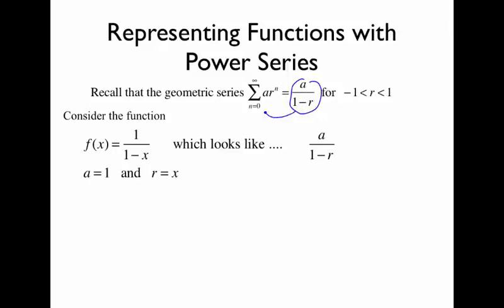This equals this. And now we have this with a specific value of a and a specific value of r. So what series does 1 over 1 minus x equal? A is just 1. X to the n. Just x to the n. A is 1 and r is x.